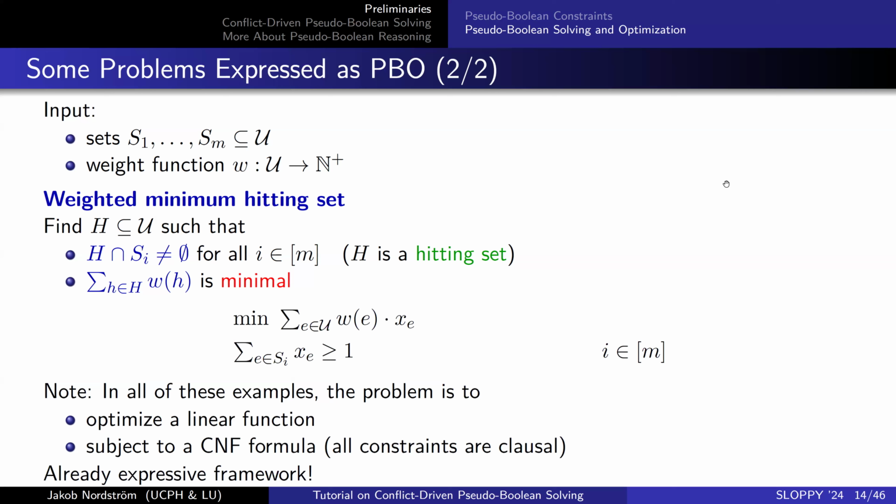So we're just trying to optimize a linear function subject to a CNF formula. As we will see after lunch, this is actually the same thing as a general MaxSAT problem. Many of your favorite NP problems can probably be cast in this form. So this is a fairly expressive paradigm, and if we could find a good algorithm for problems like this, it will probably be useful.